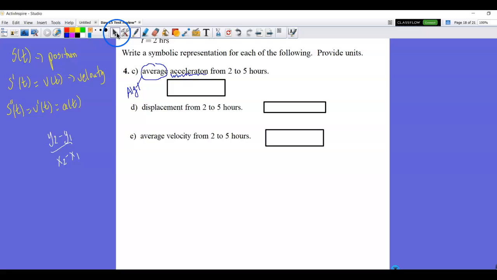So what we're looking for for the average acceleration is change in velocity over change in time. And we've also talked in class that when you are not sure, so let me write this down here: v of 5 minus v of 2 over 5 minus 2.